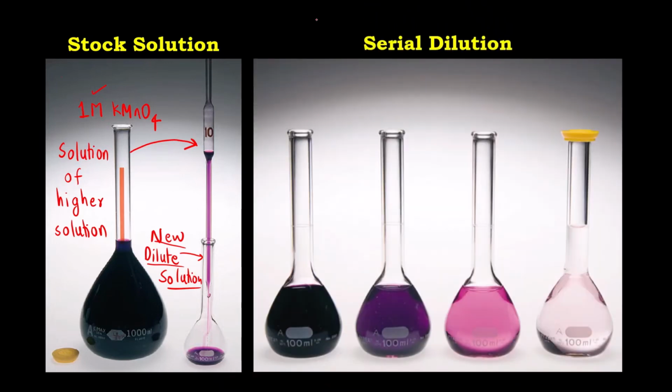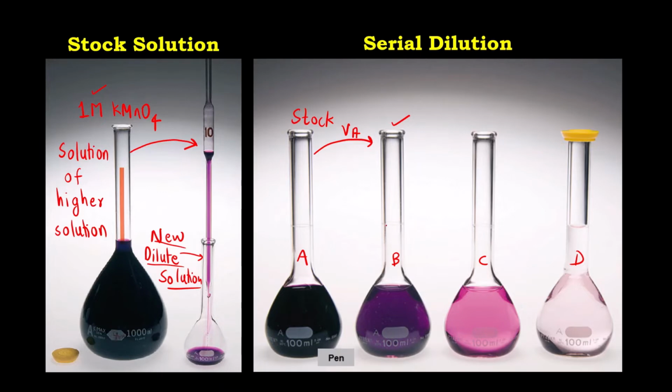So what is serial dilution? Let's say this was our stock solution. From this you take some mL, let's say V1. Let's say this flask is A, and the other solutions are B, C and D. So we take some amount of volume, VA, and add it to the second flask, that is B, and we dilute it up to the mark. This is the mark, this is the meniscus.